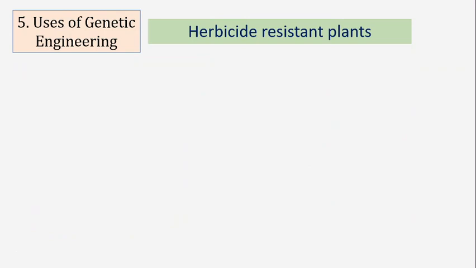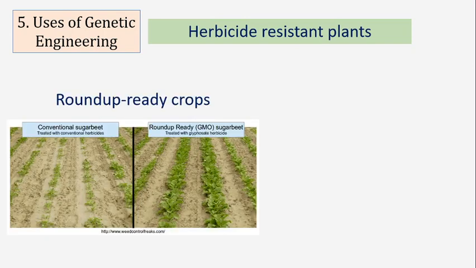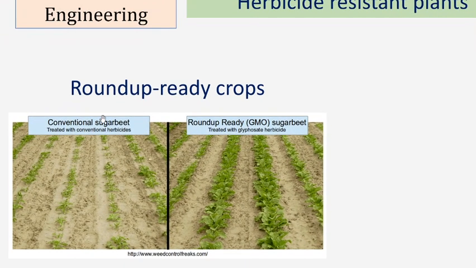And now we will discuss some herbicide resistant plants made by genetic engineering methods. In the US and most of the European countries, there is a strong herbicide chemical used in the field, which is called glyphosate.